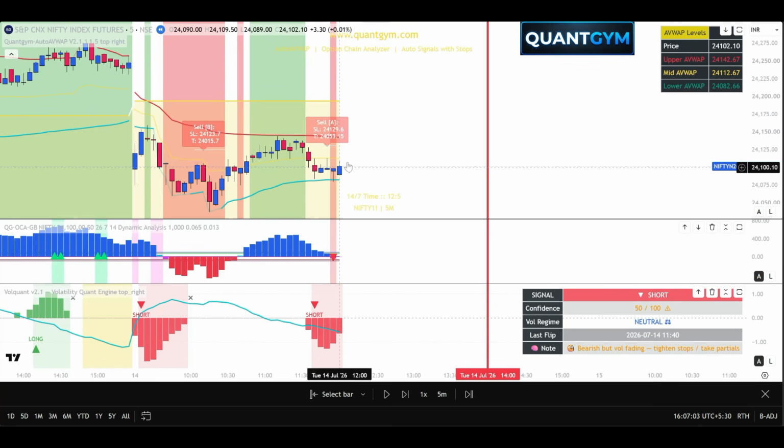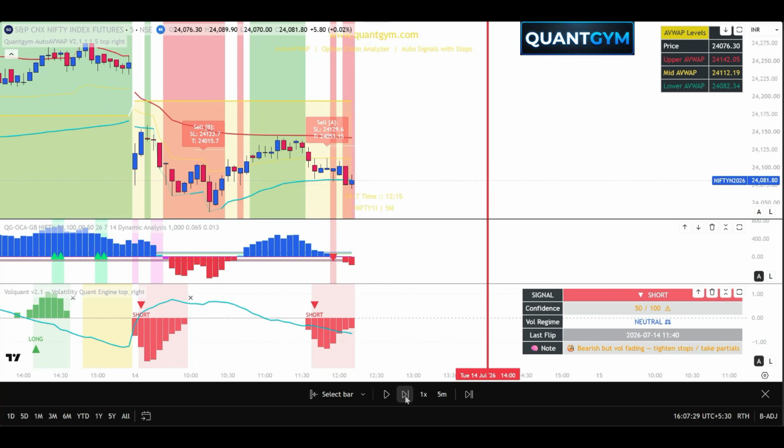If I sell at 24,100, my stop loss will be 24,112, which is the middle AVWAP. Or if I take this sell signal to be my point, then your stop loss is 24,129. In fact, 10 points is very low. So I will sell at 24,100 with a stop loss at 24,129 as given by the A grade sell signal. Let us see what happens then.